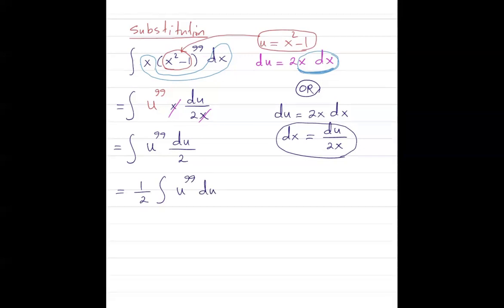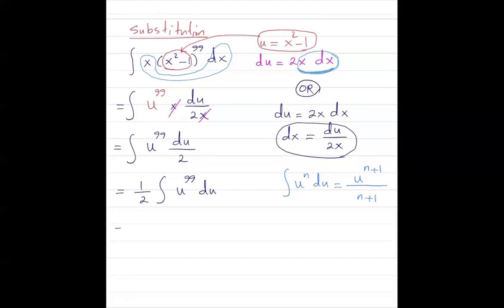We have seen this integral before. Recall that if you have the integral of x to power n, or in general u to power n du, it is u to power n plus 1 divided by n plus 1. So we're going to use the familiar formula that we applied multiple times in calculus.